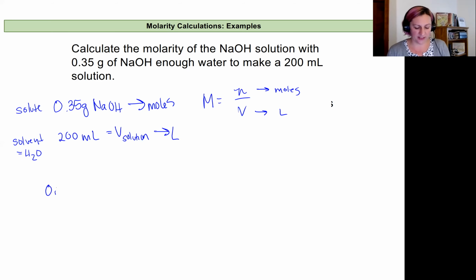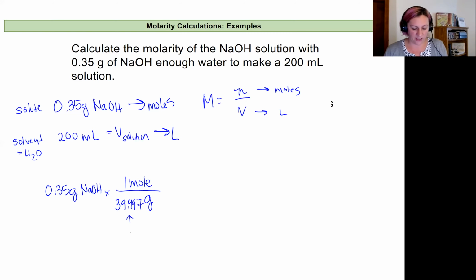I'm going to start with my 0.35 grams of NaOH. And I'm going to multiply this by the inverted molar mass. So I'm going to have 1 mole on top and the grams on the bottom for my sodium hydroxide. And if I use my periodic table and I calculate my molar mass, I should have a value that is 39.997.